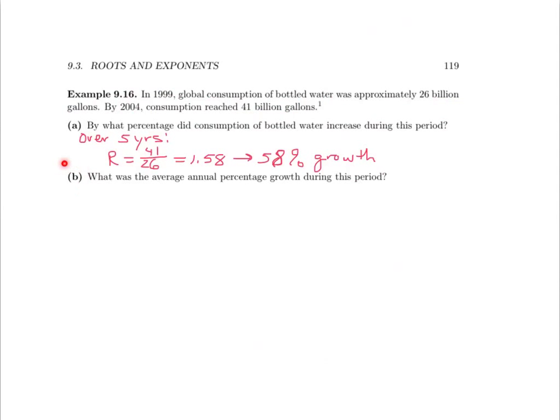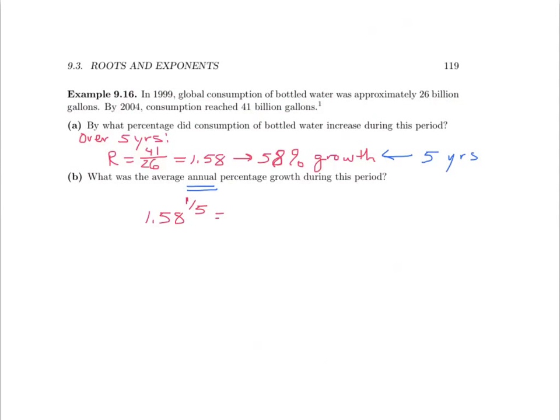So now let's look at Part B. What was the average annual percentage growth during this period? So I want to emphasize that in Part B we're talking about an annual percentage growth, whereas in Part A we were talking about a percentage growth over 5 years. So in B, if we want to calculate the average annual percentage growth, we take our 5-year factor, which was 1.58, and we raise it to the 1/5 power.